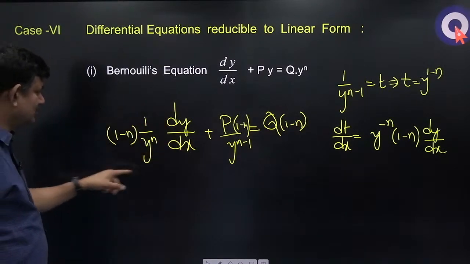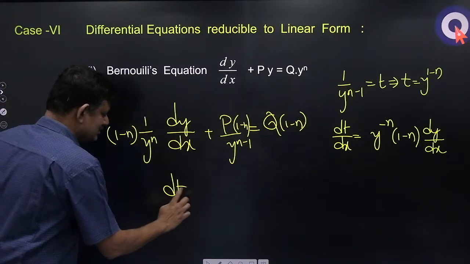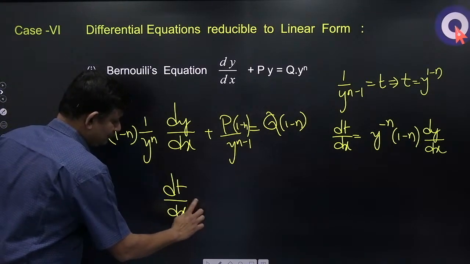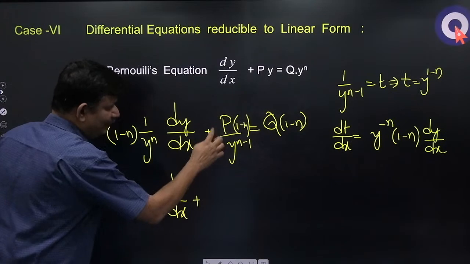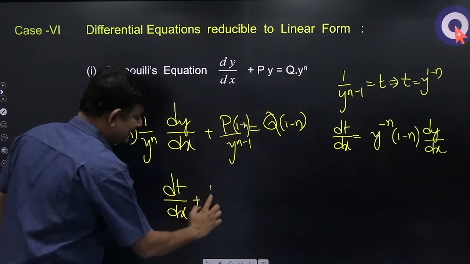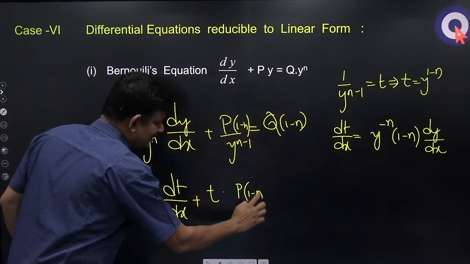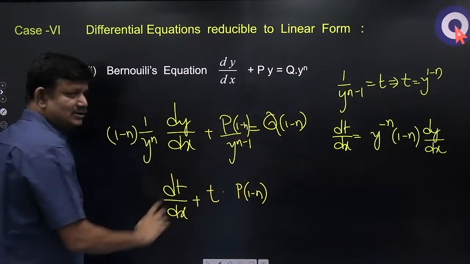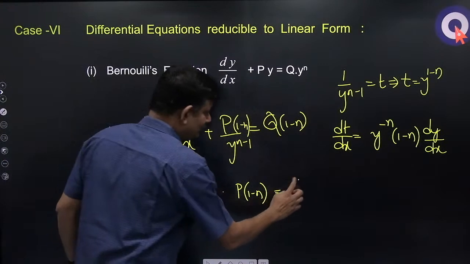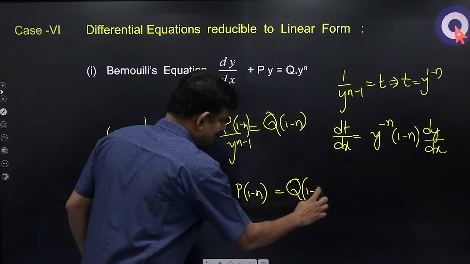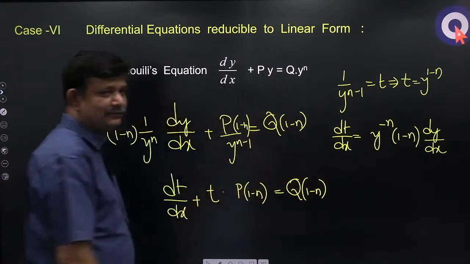So this whole thing is what? dt by dx plus 1 by y power n minus 1 is t, into p into 1 minus n. 1 minus n is a constant. So this whole thing is a function of x, is equal to q into 1 minus n. This is also a constant. This whole thing is a function of x.